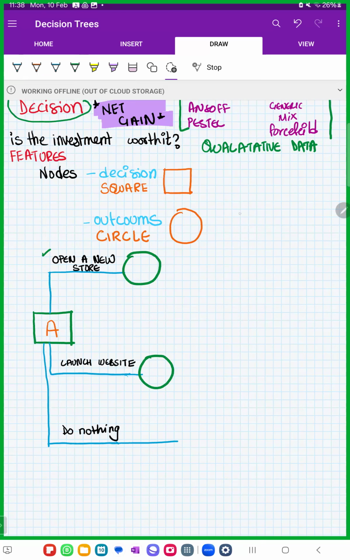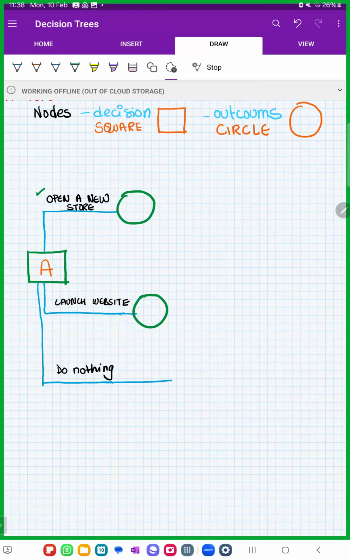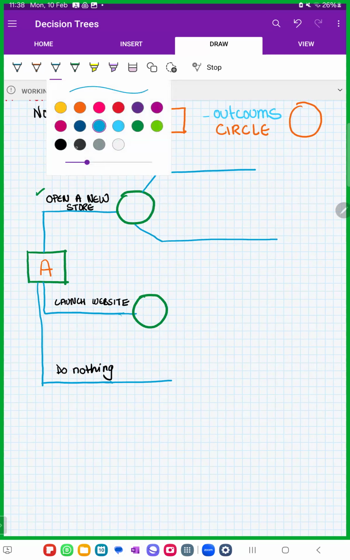I need some space here. Put this here. The two outcomes, if I choose option A, are going to be either it's going to be successful, and it's always the same, by the way, or it's going to fail.